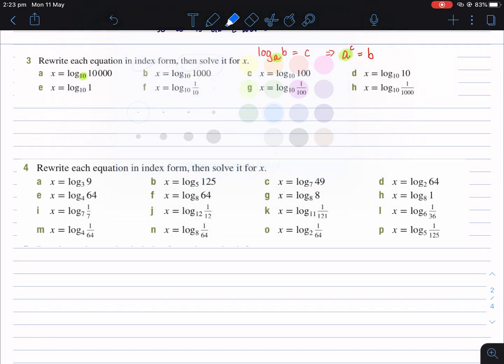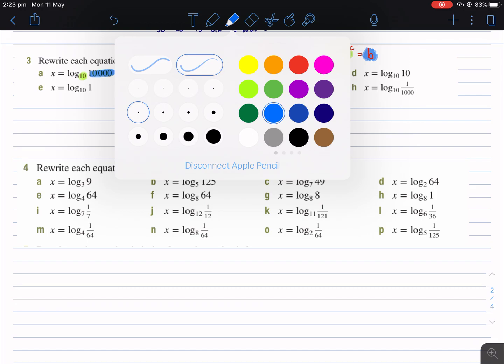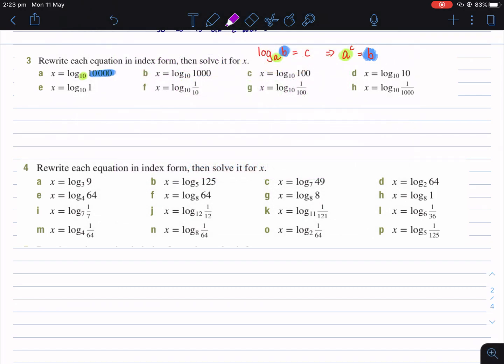And then the answer after you've raised it to whatever is this one, and trying to figure out what we're raising it to is this one. And if it helps you, you can start by highlighting them every time.